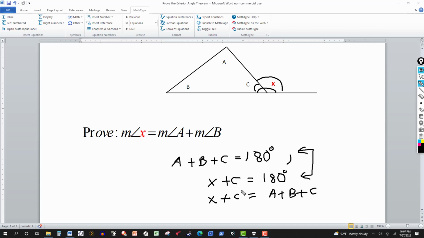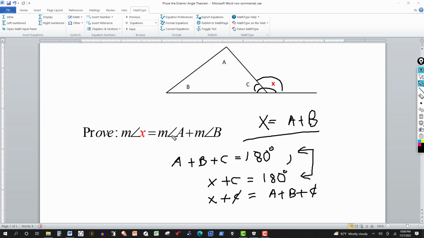So we can cancel this C here and this C here. On the left side that just leaves me with X. On the right side that leaves me with A plus B. And that's what we're trying to show. We wanted to prove that the measure of angle X is equal to the sum of the remote angles, angles A and B. So that's your proof.